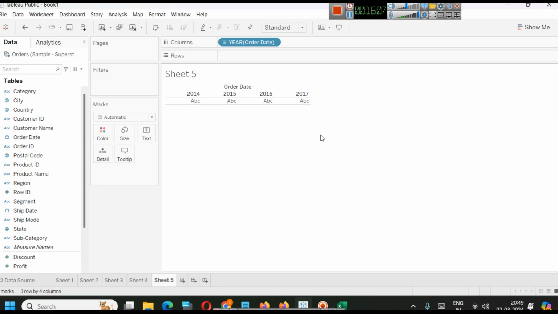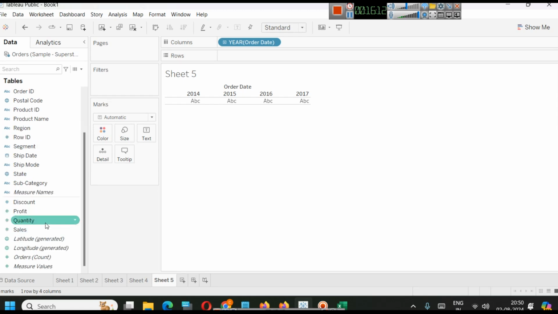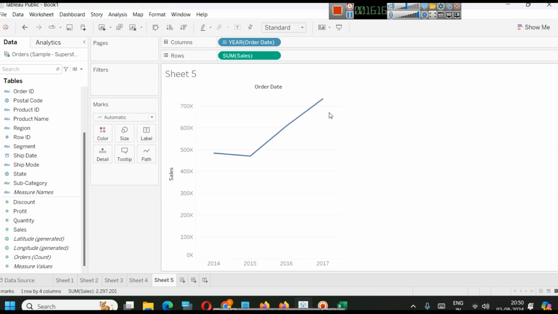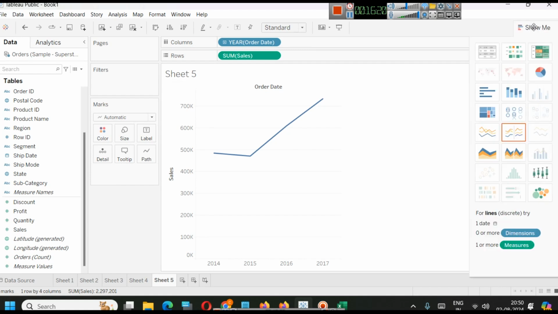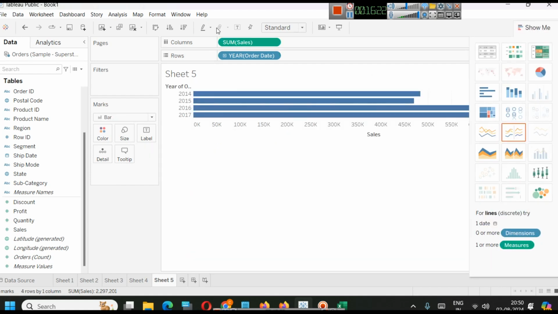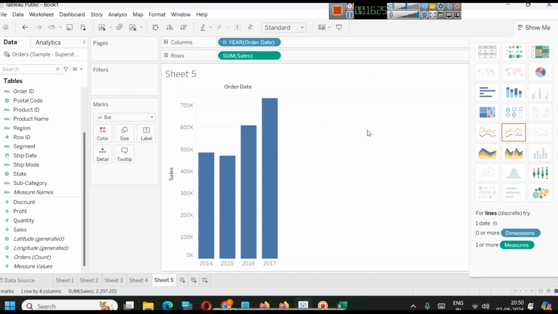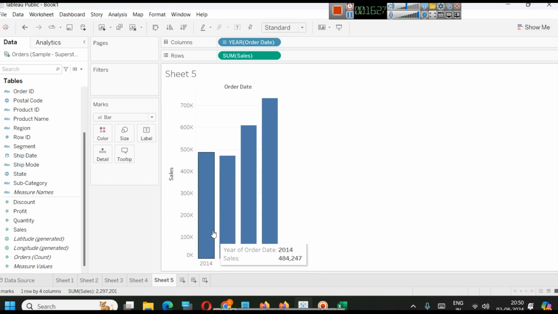And in this case, if you want to see profit in all these years and you create this, then a bar will be a suitable graph, like how profit increased or how sum of sales increased throughout the years. Do you get this point?